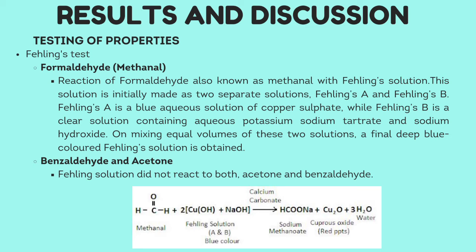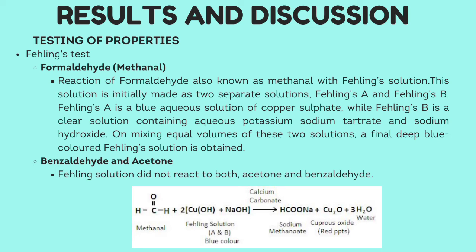Fehling's solution is used to differentiate between ketone functional groups and water-soluble aldehydes, and as a test for monosaccharides. Methanal, on reacting with Fehling's solution, produces sodium methanoate, cuprous oxide, and water, and the color of the solution changes from blue to red.